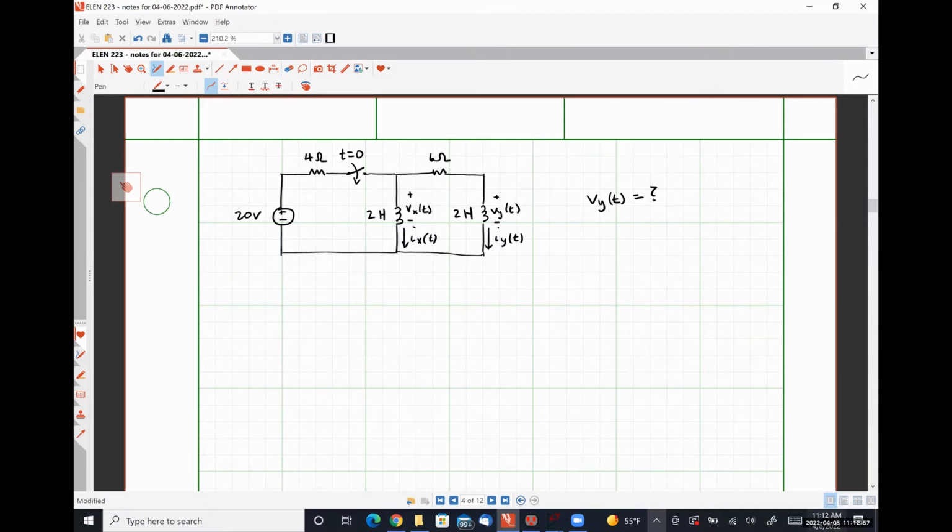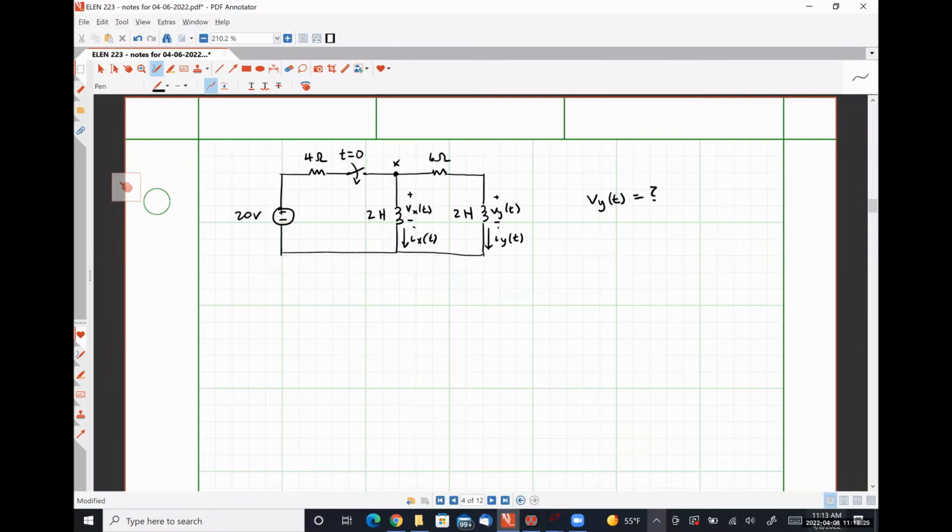Let's apply KCL at this node X and see what falls out, okay? So during the transient condition, the switch is closed.